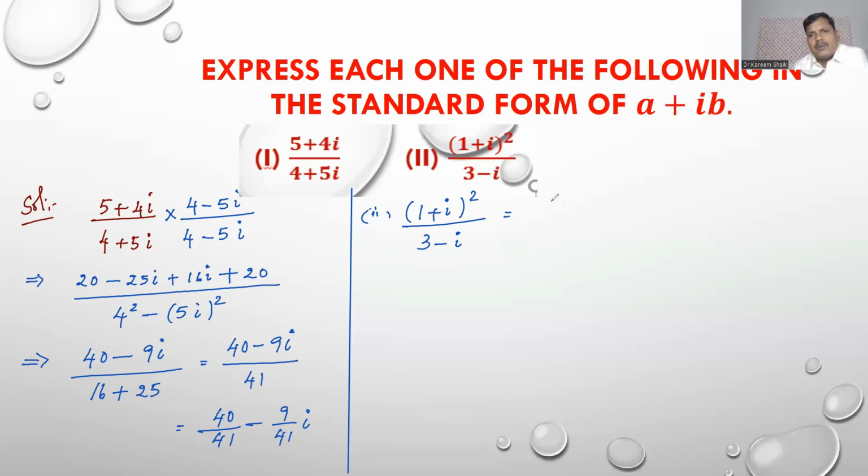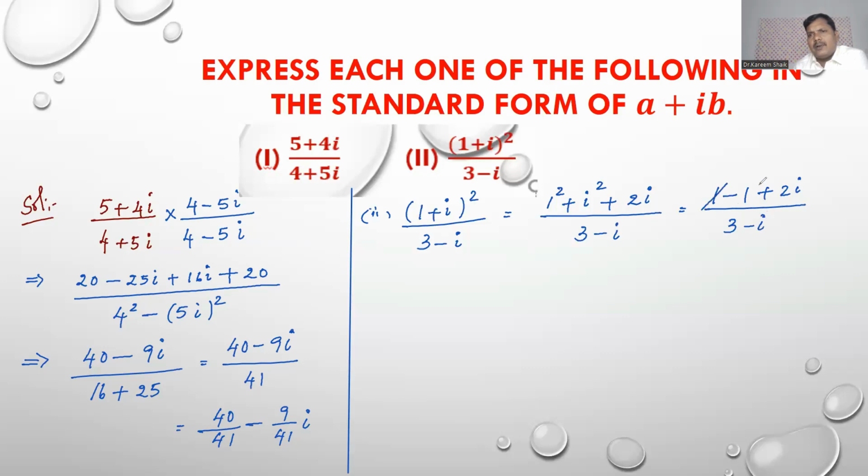Now a plus b whole square is a square plus b square, iota square, plus 2ab, 2 into 1 into iota, 2 iota, upon 3 minus iota. Now observe, 1 square is 1, iota square is negative 1, plus 2 iota upon 3 minus iota.